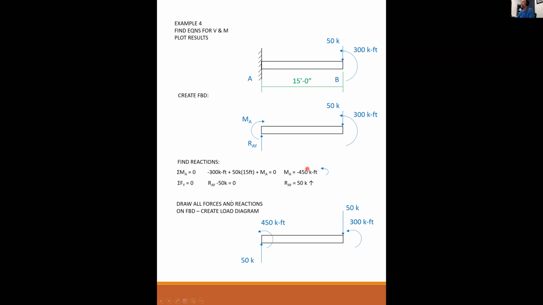Okay, so you would get here, and if you assume that clockwise is negative, then you would have had positive 300 minus positive, you still would have gotten minus 450 here. So you still would have had counterclockwise as the reaction. So you would have gotten to here with all the same numbers.